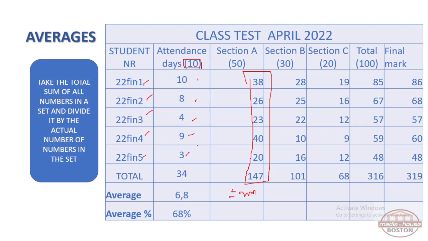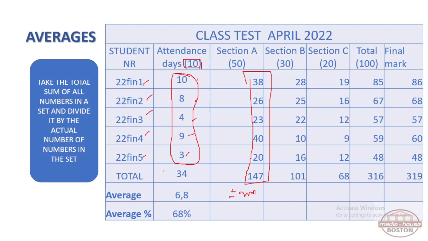So in total, all their attendance combined is 34. To calculate the average attendance by students, we sum all the attendance of the students, then divide by the number of students that are there.